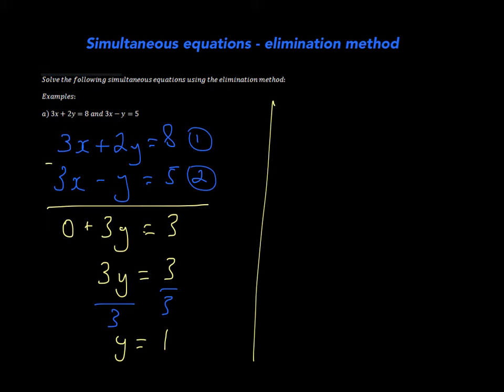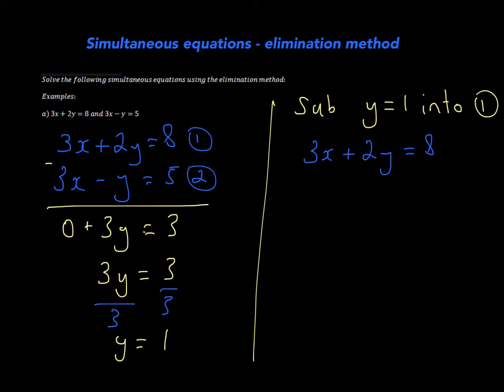Now I'm going to substitute y equals 1 into equation 1. Equation 1 is 3x plus 2y equals 8. So I'm going to rewrite that again, substituting y equals 1. Then expanding that out, 3x plus 2.